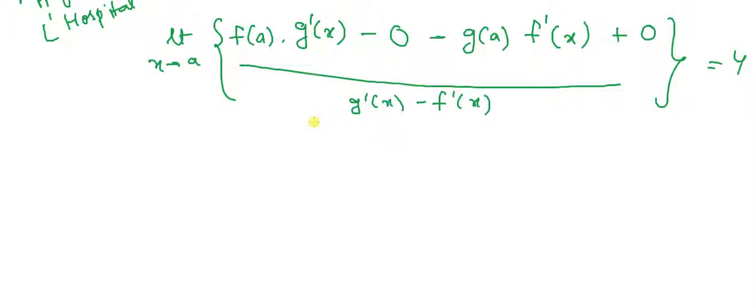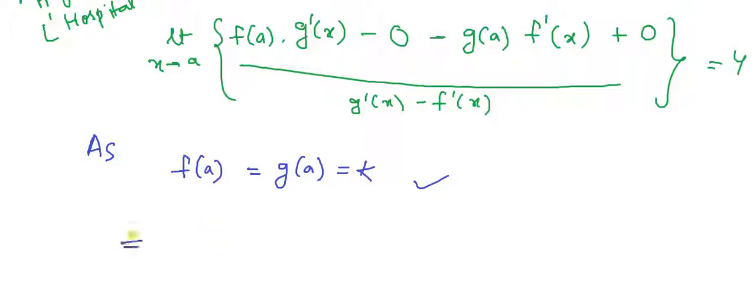So we reached this point, and this tells us that this is differentiable, and as the question says that f of a is equal to g of a equal to k. This is given in the question. Okay, so if this is given, and obviously they've said that the g dash values exist, now you have to put f of a and g of a as k in the question. So you will get what?